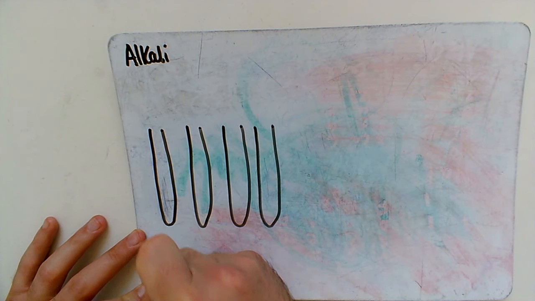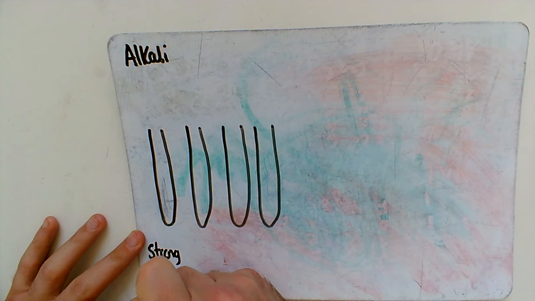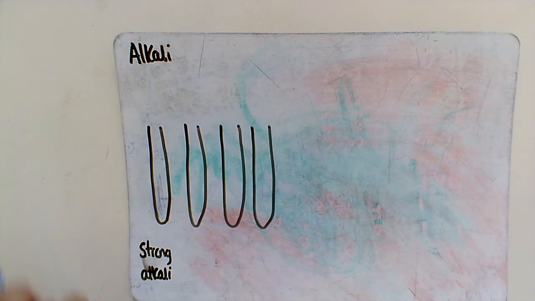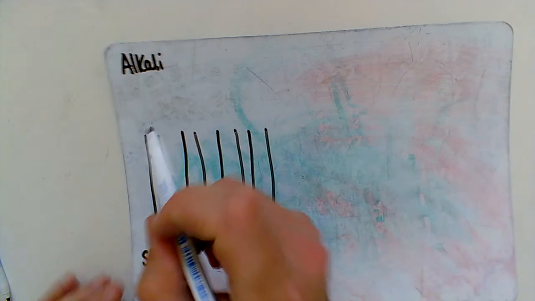They're strong alkali. It would start being purple or dark blue.